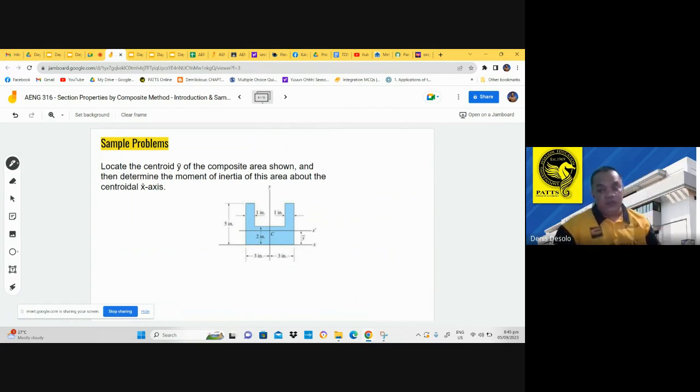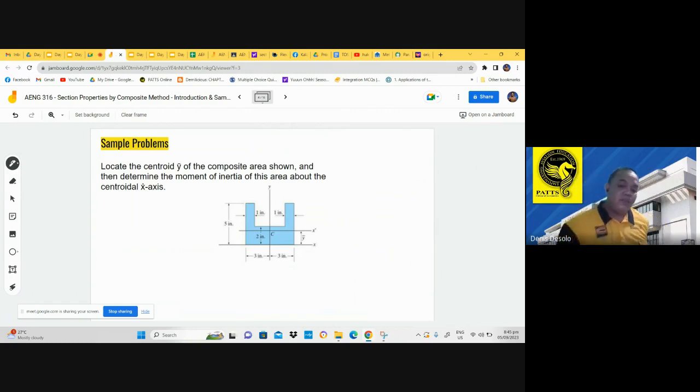What we're going to solve is the vertical centroid, not the horizontal. So whether you draw it in the first, second, third, or fourth quadrant, or just like what the problem did, where it placed the y-axis on the center line, it's easier to measure the centroid if we are required to solve for the horizontal centroid. But in the problem, it's the vertical centroid. You can see it in the figure.